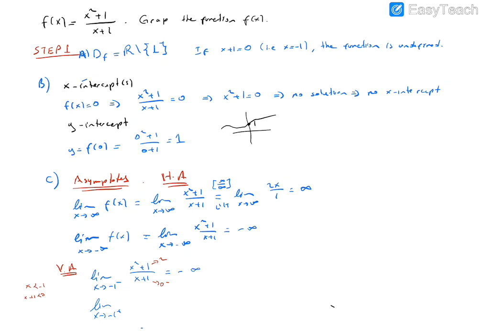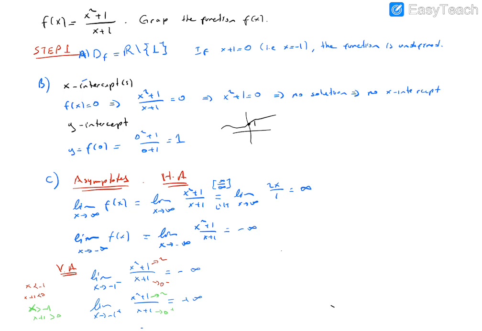When x goes to minus 1 from the right-hand side, x squared plus 1 over x plus 1, again, this goes to 2, this goes to 0. Here x is bigger than minus 1, so x plus 1 is bigger than 0, so it approaches 0 from the right-hand side, so this limit is plus infinity.